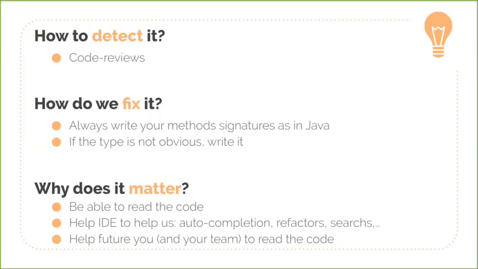And finally, you want to help your future self and your team to read and understand the code. Because if you are working on a medium-big project and you start using def everywhere, I can assure you that in two or three months, you won't be able to maintain that code. It will be really, really complicated because you don't know anything about all those types. So please don't use def everywhere.